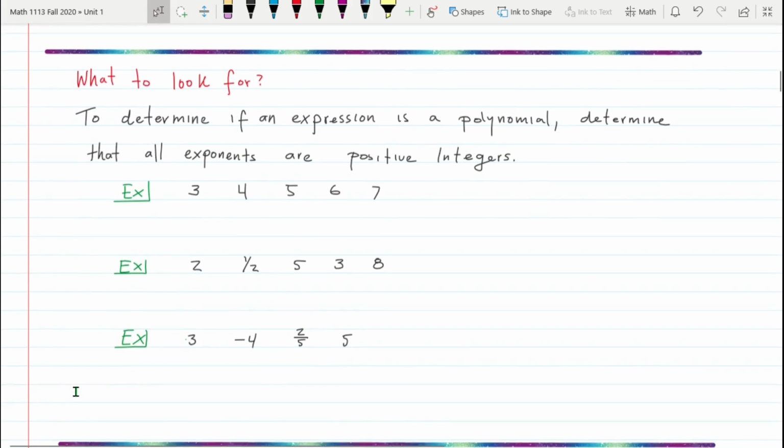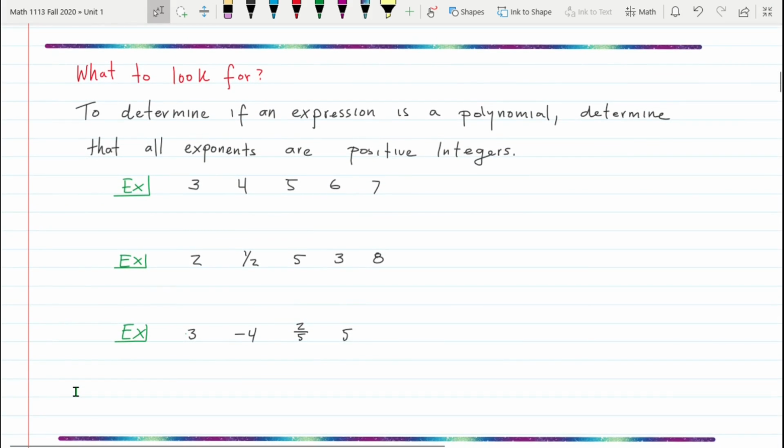So what are we looking for when we're looking at a polynomial? We want to determine if the expression, something that we're given, is or is not a polynomial, right? That's kind of like the beginning activity, the intro activity.